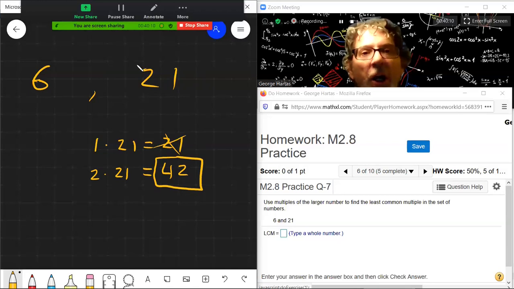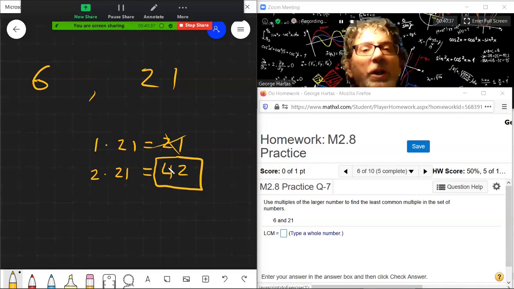We already know 21 for sure divides into 42, because we multiplied it: there's your 21, 2 21s going into 42. But we must also check the smaller number. Does the smaller number divide into the result? And yes, it does. 6 goes into 42 7 times.